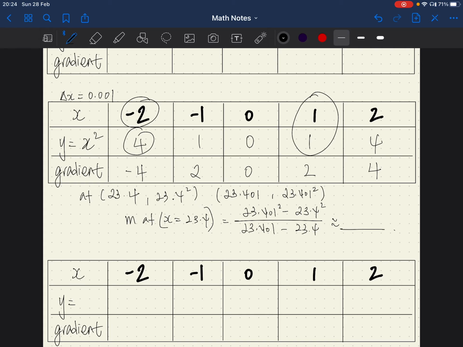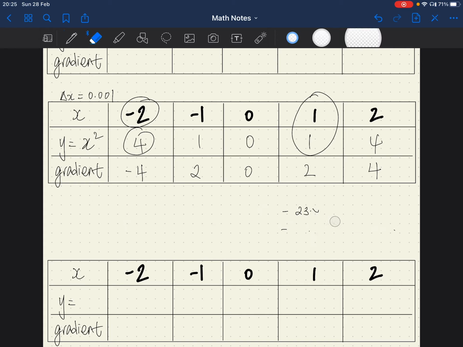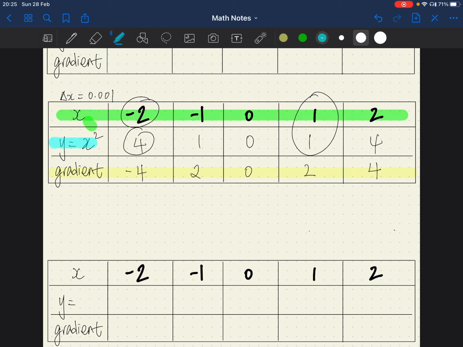So the purpose of constructing this table is that most of the time your gradient values will have a pattern with either your x values or your y values. Okay, I think for this example, it's not hard to see the pattern.